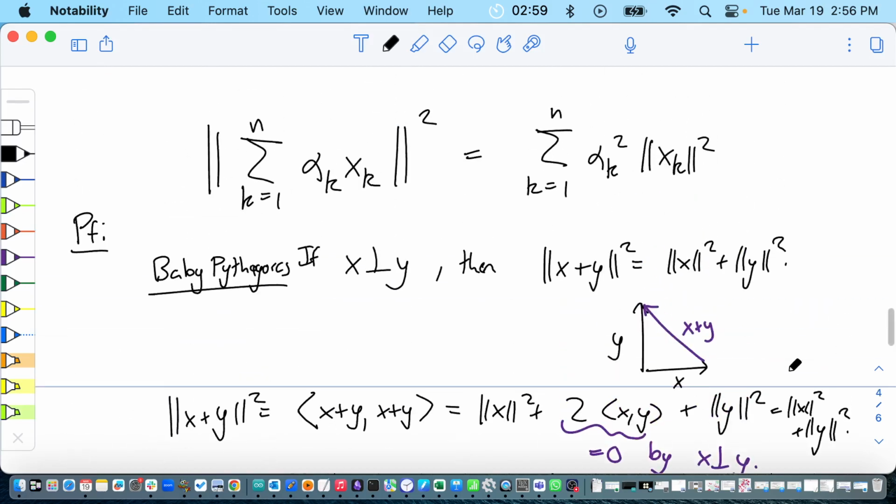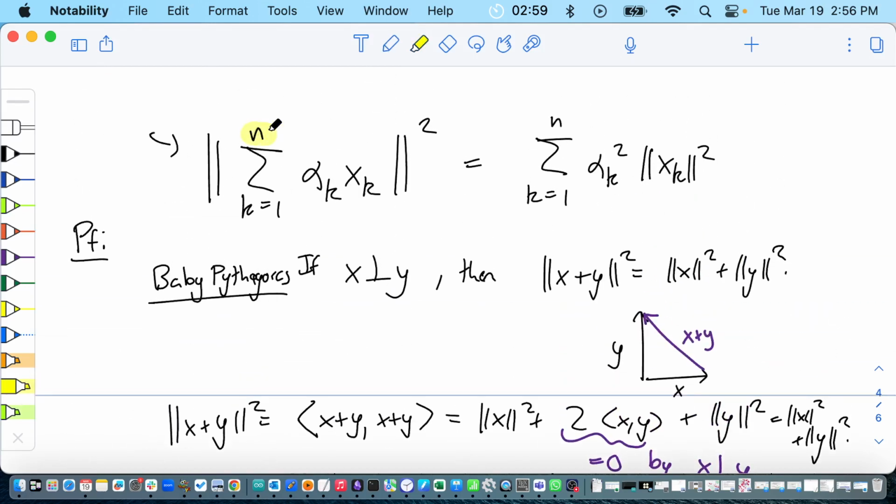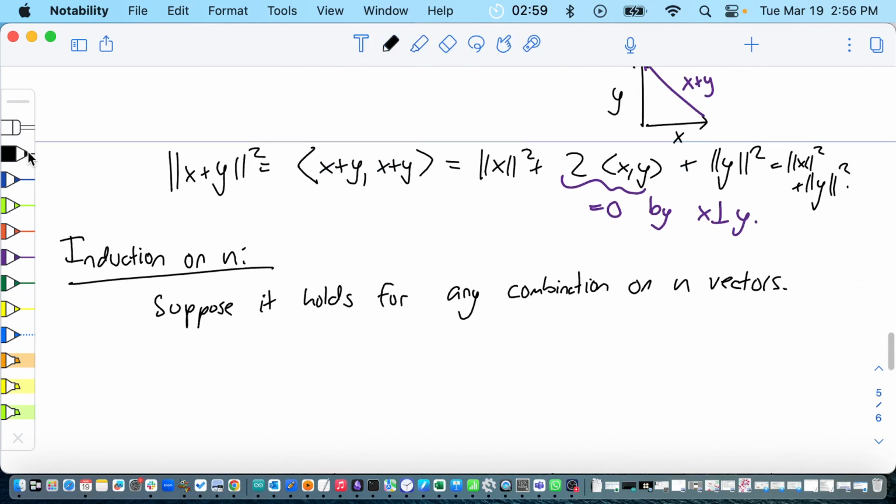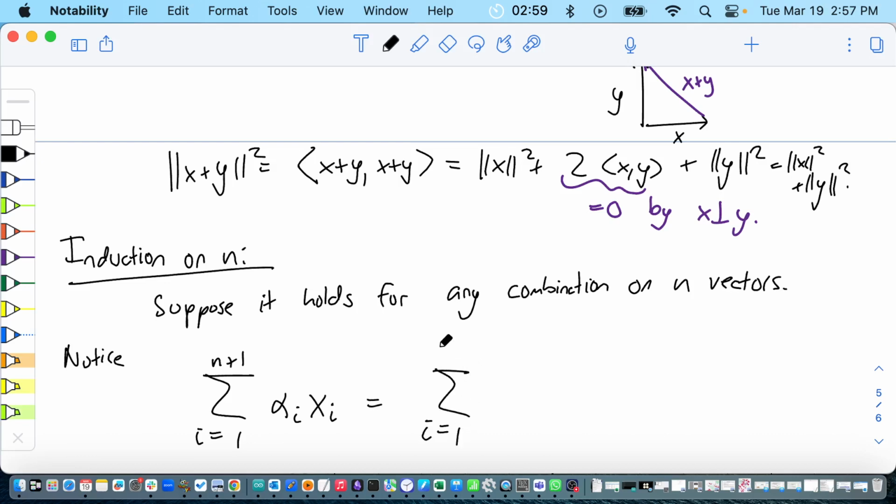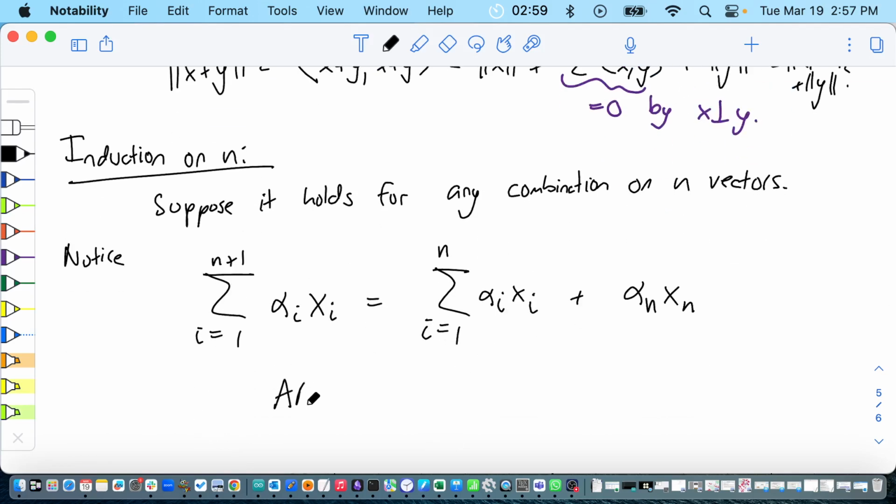The statement depends on this value n, and we're going to suppose that it holds for size n, and we're going to prove it for size n plus 1. Notice that the sum from i equals 1 to n plus 1 of alpha i xi, you can write as the sum of two things: the sum from 1 to n of alpha i xi plus the last term, alpha n xn.